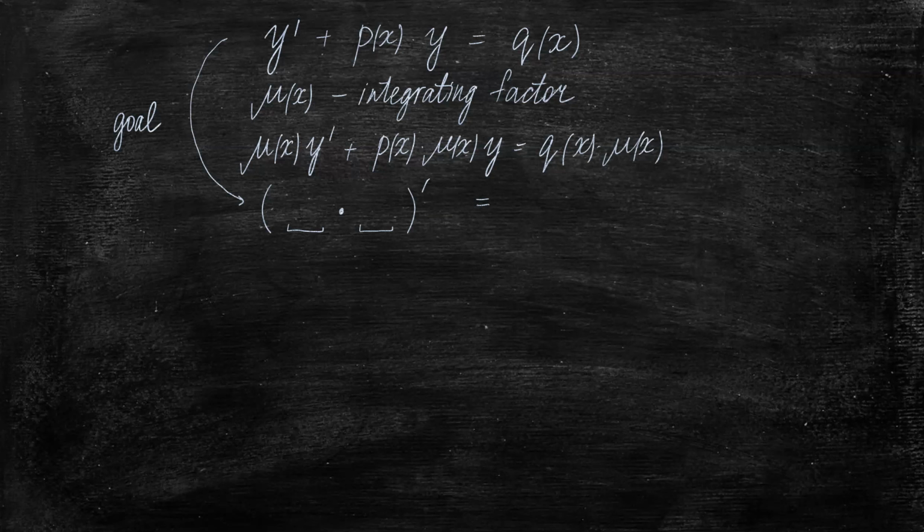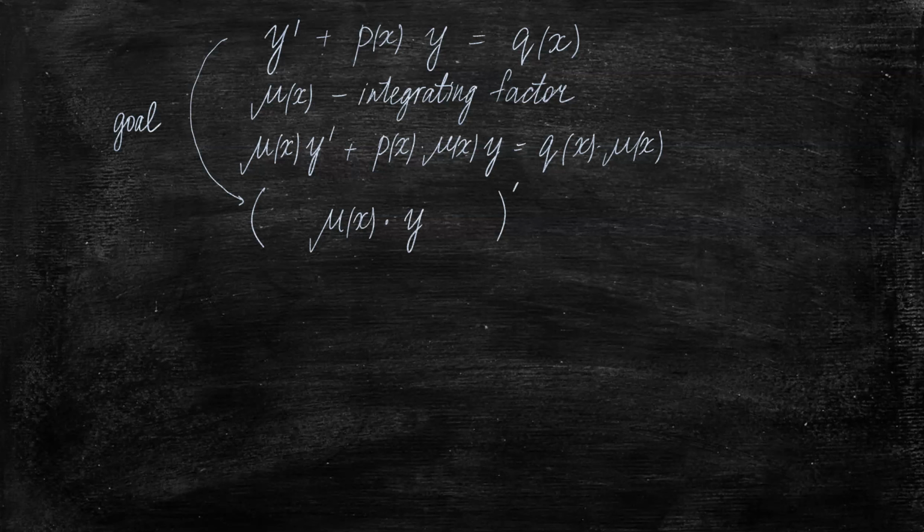So the goal is to find such an integrating factor that the left hand side of this equation is now the derivative of some product. And we know that it is possible to make it a derivative of the product of the integrating factor and the function itself.